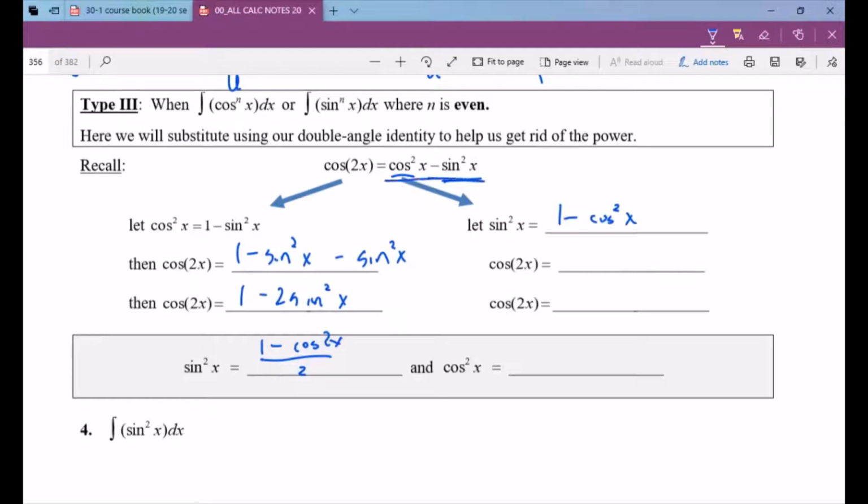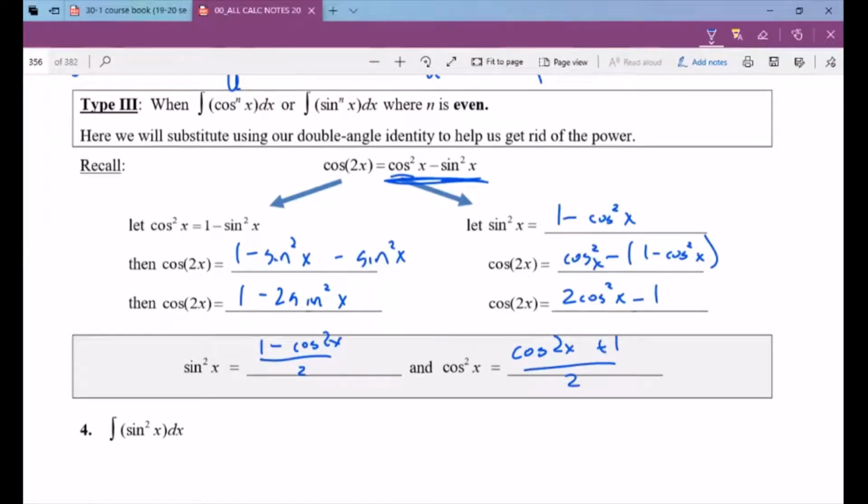And so therefore this identity ends up being cos squared x minus 1 minus cos squared x, ends up being 2 cos squared x minus 1. And then shuffling that around and solving it for cos squared, we get cos squared x is equal to cos 2x plus 1 all over 2. And we're going to use these new identities here.